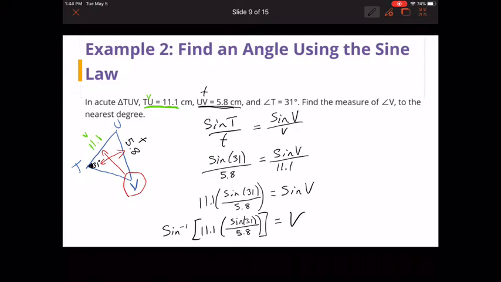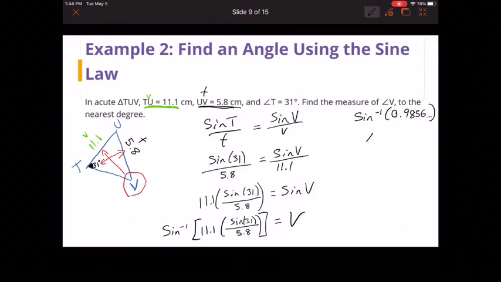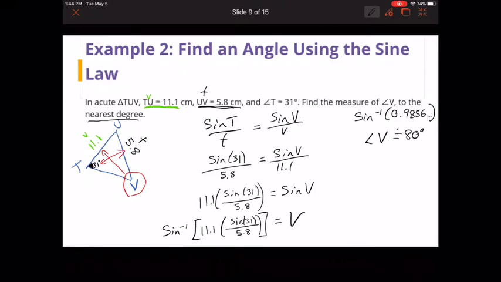If you did that in little bits, the part that's in there is approximately something that keeps going, but use at least 4 digits. Then we've got an approximate angle of 80 degrees to the nearest degree. It would be 80.29 something, but it asked for it to the nearest degree. So there we go.